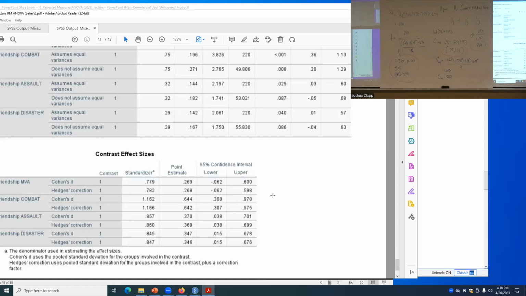So probably what I wouldn't say is, oh, nothing to see here. But I might say, hey, in terms of my follow-up, my exploratory tests found what looks like a very clear reduction in willingness to provide friendship for combat relative to the other two, for my negative group relative to the combination of my other two.